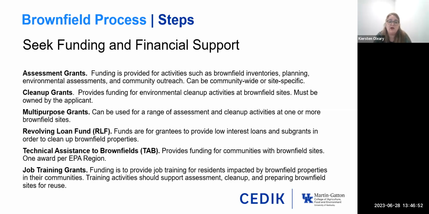We also have a revolving loan fund, and that's the only funding source that we really offer at the state level for cleanup projects. Our revolving loan fund is called the Cleaner Commonwealth Fund, and we offer 0 to low interest loans for communities that are undertaking cleanup projects.